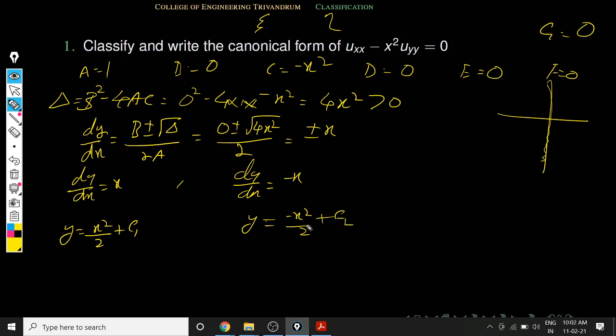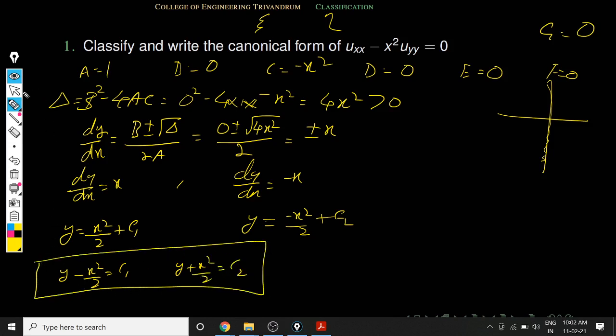You got it? Rearranging, y minus x square by 2 equal to c1, and y plus x square by 2 equal to c2. So these are the characteristics of the given PDE.